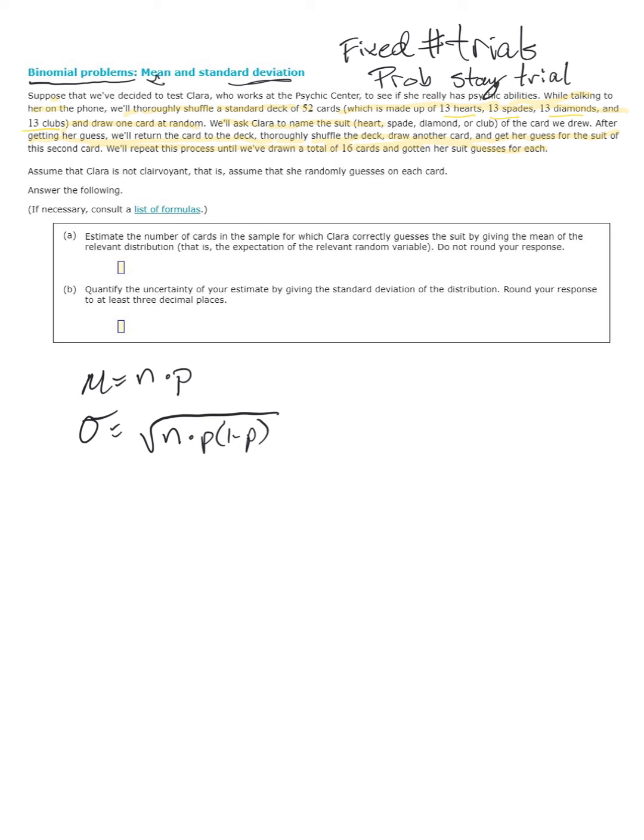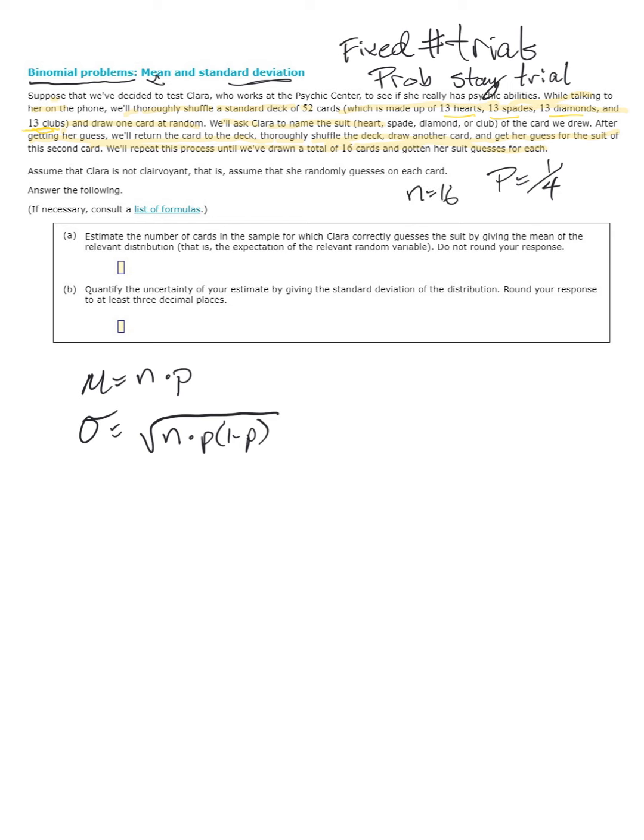Let's say she gets a club and it's really a club. There are 13 clubs out of those 52 cards. So I'm going to write down probability of success is 1 out of 4. That's the probability of her getting it correct. The number of trials here, they're doing that 16 times.